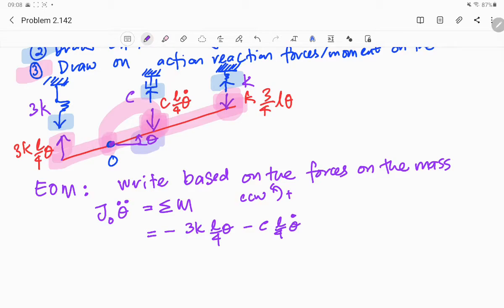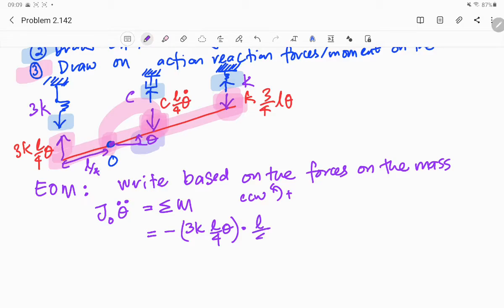Let me erase that again, because actually I forgot, this is force, so you have to multiply by the distance. The distance is L over 4, like just now, if you remember.